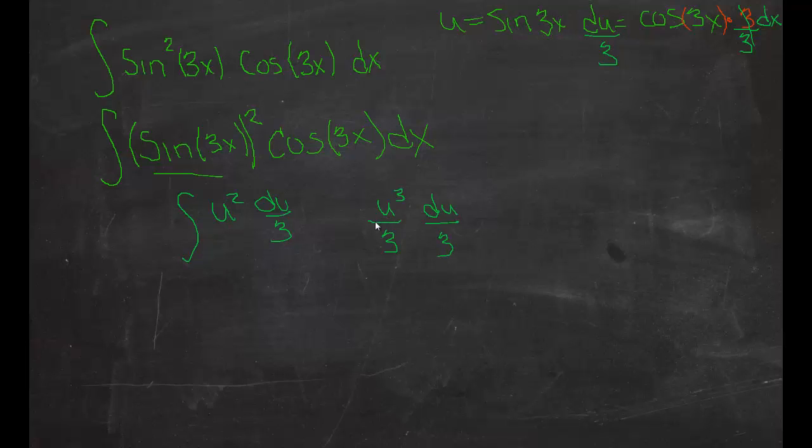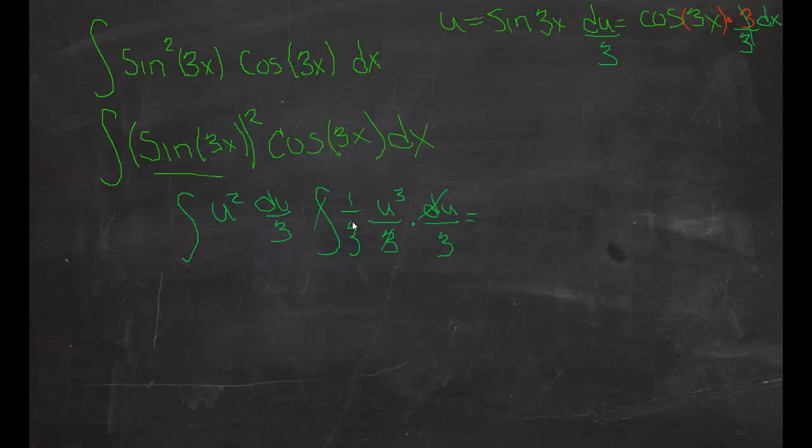Okay, and so what we'll do now is we do have to bring this 3 out here. So that will be 1 over 3. Okay, and so what we have left is we have 1 times anything up here. Now, whenever we do start to integrate, we do get rid of the du and the integral.